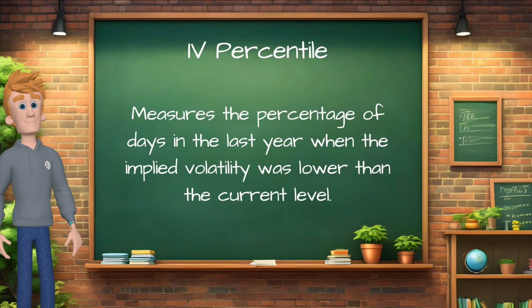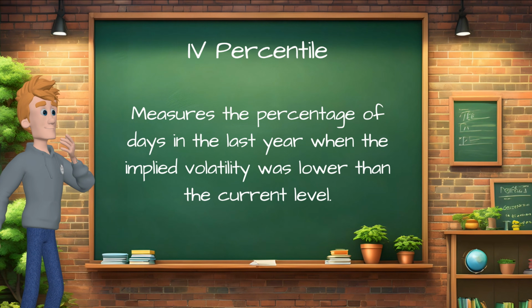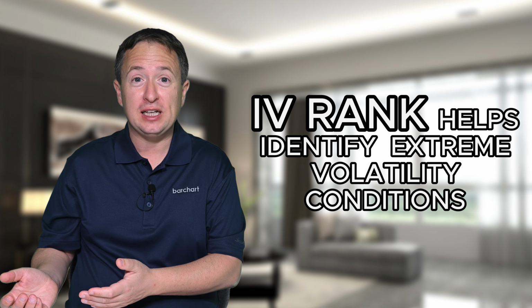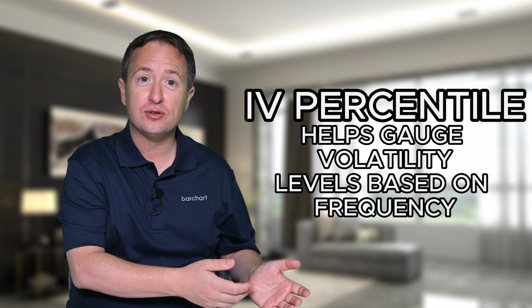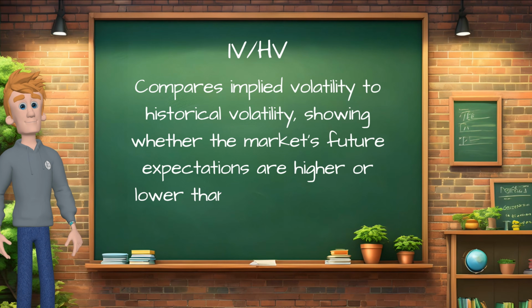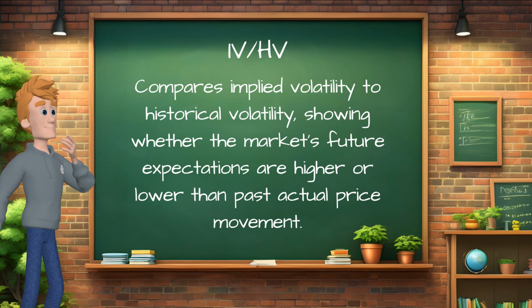Then you've got IV percentile, which tells you how often IV has been lower than its current value over the past year. So how do you use IV rank and percentile in the context of a trade? Well, IV rank helps you identify extreme volatility conditions, while IV percentile tells you how frequently those conditions have occurred. There's also IV over HV, which is sometimes referred to as implied volatility versus realized volatility.